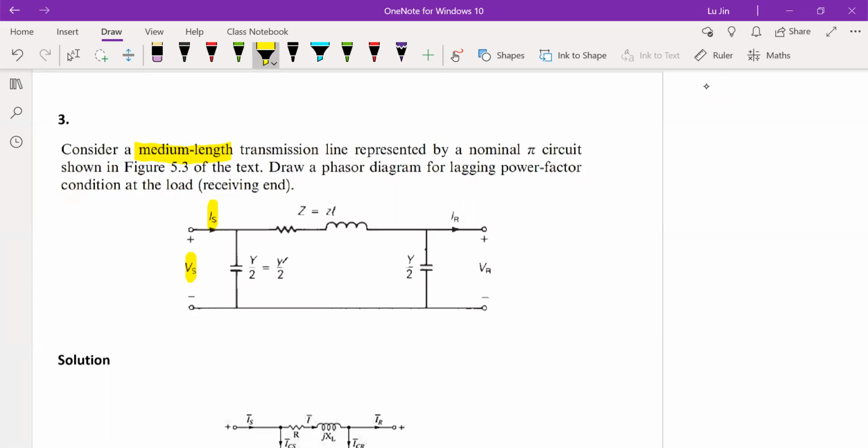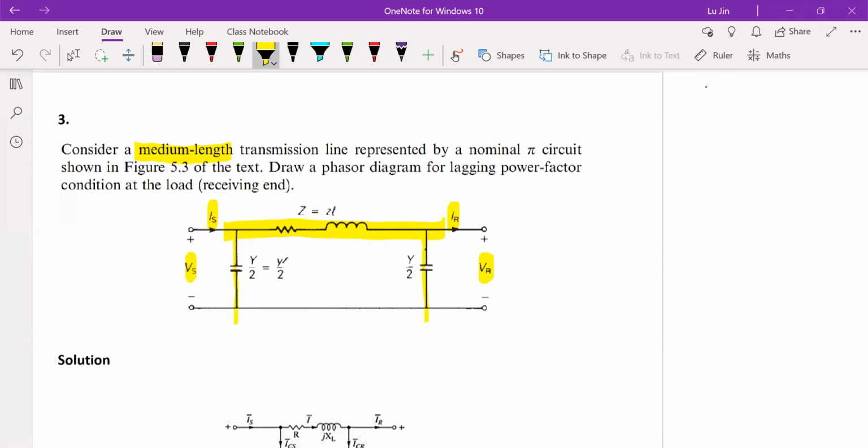On the other side of the whole circuit, we have the receiver side voltage and receiver side current. These two are the received quantities at the user side. In between these two sides, we have our pi model, or pi circuit, of the transmission cable, which looks like the letter pi.